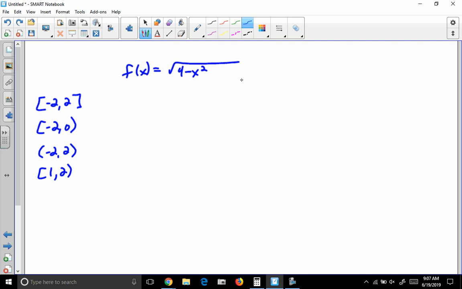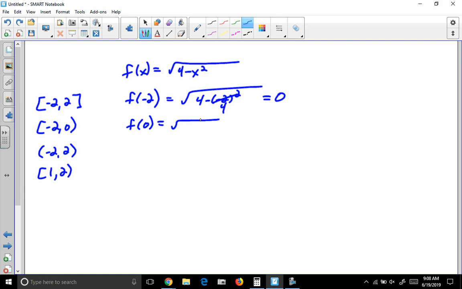So to begin with, let's evaluate the function at some values. Let's evaluate it at -2. So if we substitute a -2 into our function, -2 squared is 4. 4 minus 4 is 0. If we substitute a 0 in, 0 squared is 0. 4 minus 0 is 4.